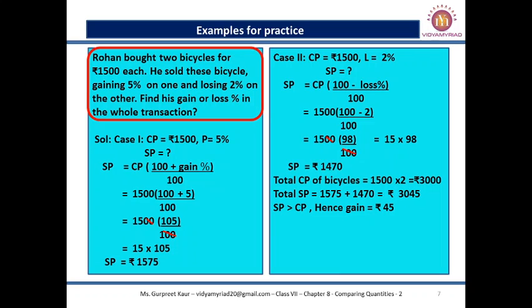Now when we know the gain, we can find out gain percent. The formula is gain upon CP into 100%. So 45 upon 3000 into 100, that is 3 upon 2, which is 1.5% gain in the whole transaction. See, cost price we have taken 3000 because here we are finding out about the whole transaction. So total CP is 3000.